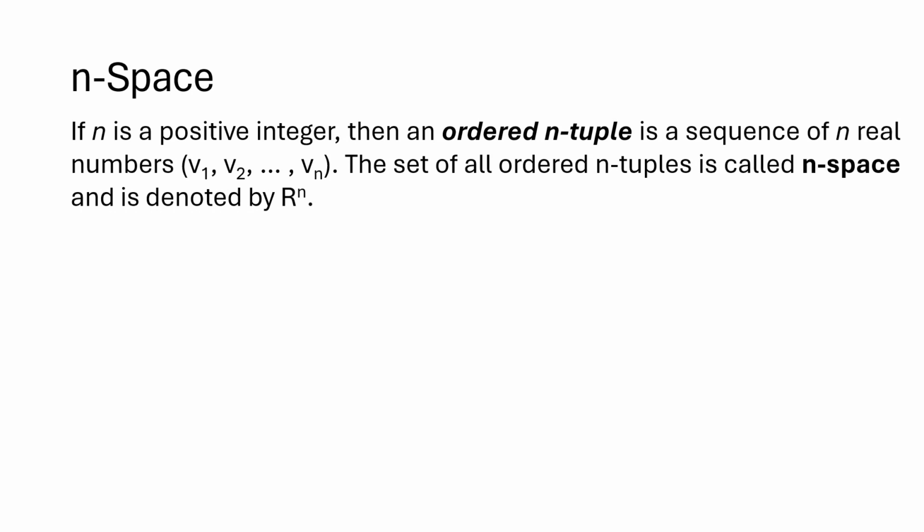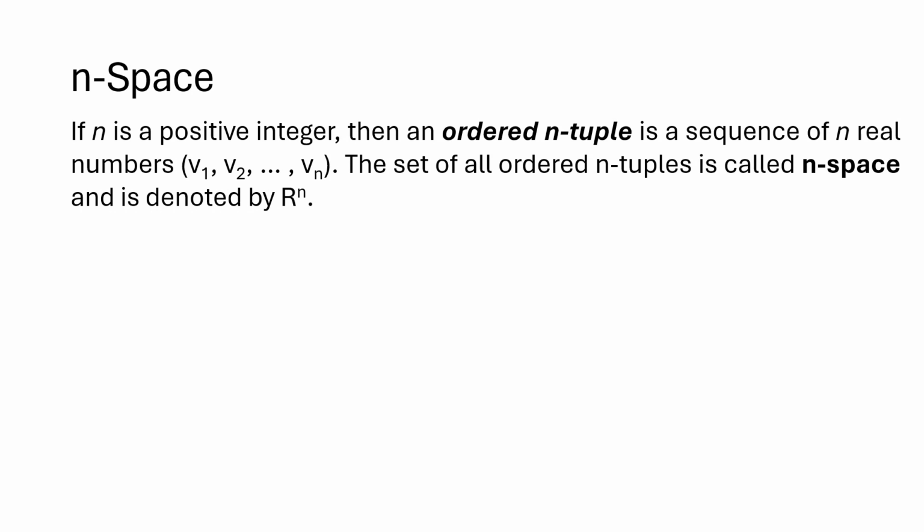Much of the remaining work in this discussion is concerned with extending the notion of space to n dimensions. To explore these ideas further, we start with the terminology and notation.